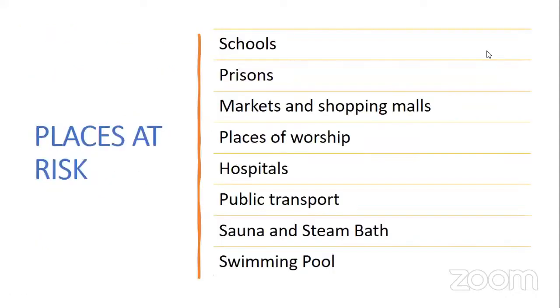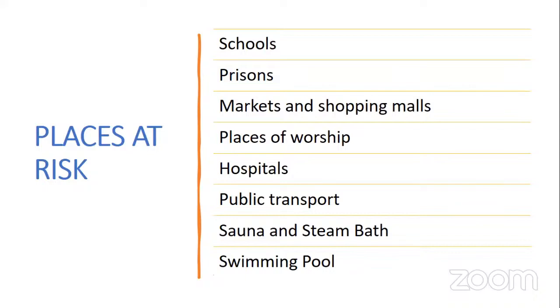So where are the places that are at high risk of people getting infection? We have these highly crowded places, and these are the schools, and we have prisons. You must have heard in the news that the prisons recorded several prisoners with red eyes. And I remember somebody was saying they should just set free those prisoners to go back to their homes so that they don't affect others.